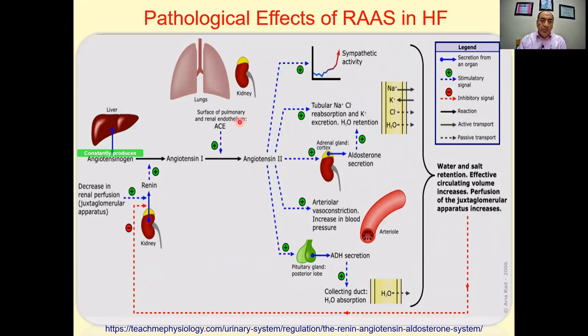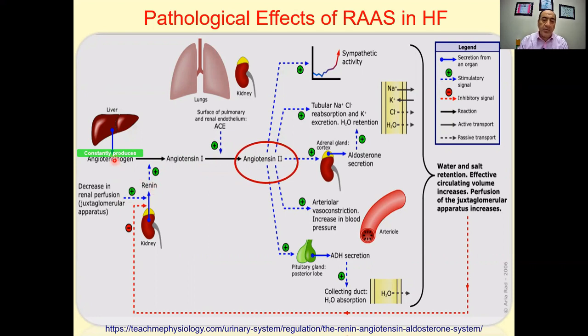Let's go into more details about this topic because it's very critical in treatment of heart failure. So what are the pathologic effects of RAS in heart failure? The story starts from the decrease in renal perfusion in heart failure patients. This will stimulate the renin release, in addition to the beta receptors, also by the sympathetic nervous system from heart failure.